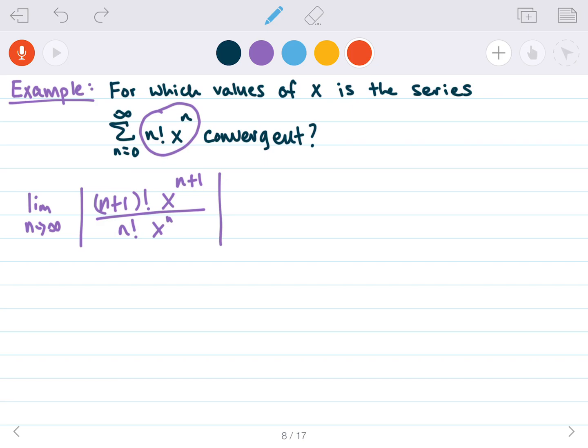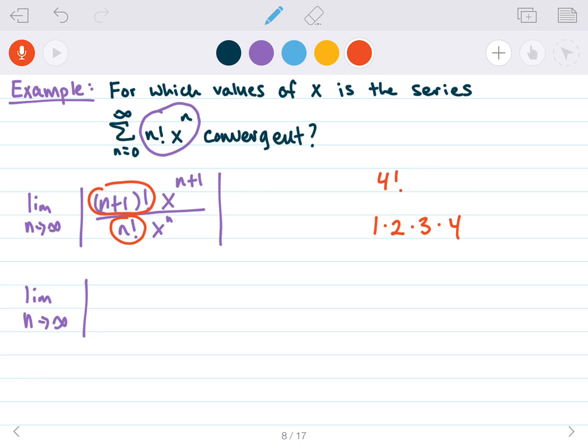Now, I don't want to do anything with the absolute value bars quite yet, but on the inside I can simplify this. First of all, let's look at this factorial business. What does factorial mean? I think of it like this: if we have 4 factorial, we're starting at 1 times 2 times 3 times all the way till we get to 4, right?